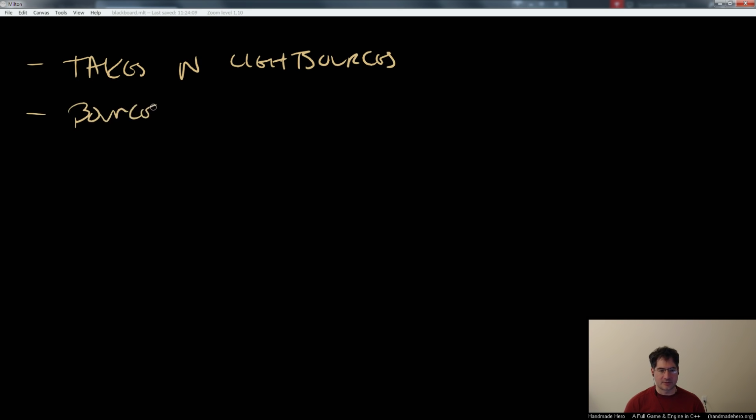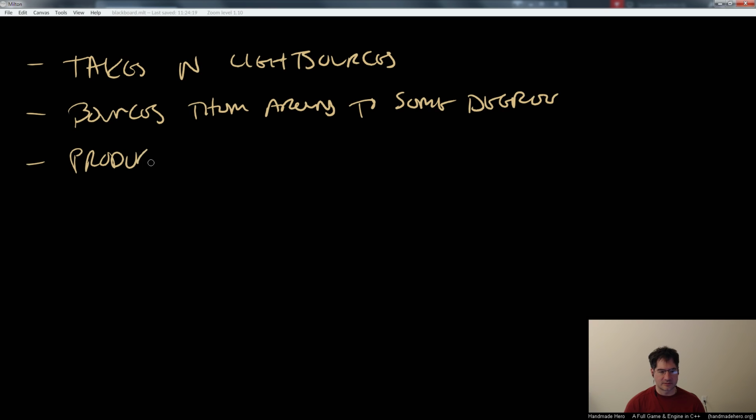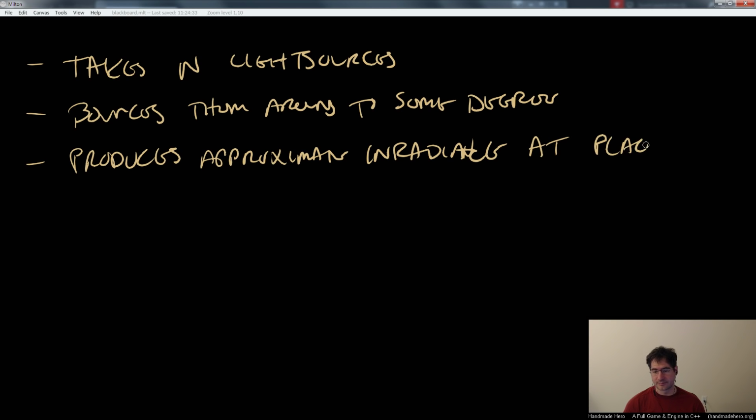So what we need is something that takes n light sources, bounces them around to some degree, and produces approximate irradiance at places, right?